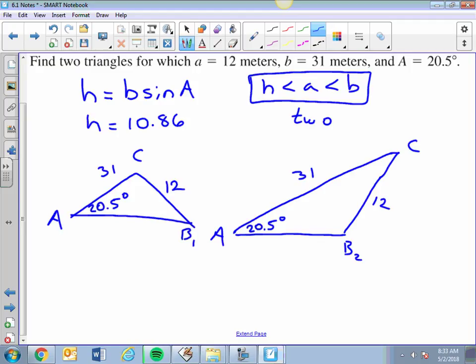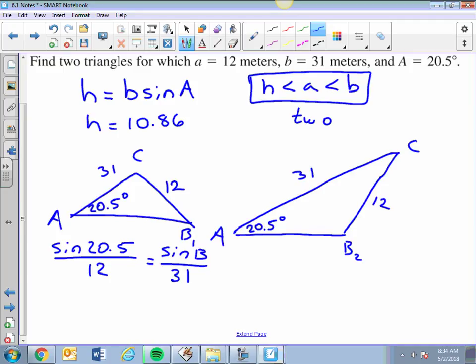So I'll put the sines on top here. We have sine 20.5 over 12, and then sine of B over 31. Then we just have to figure this out.